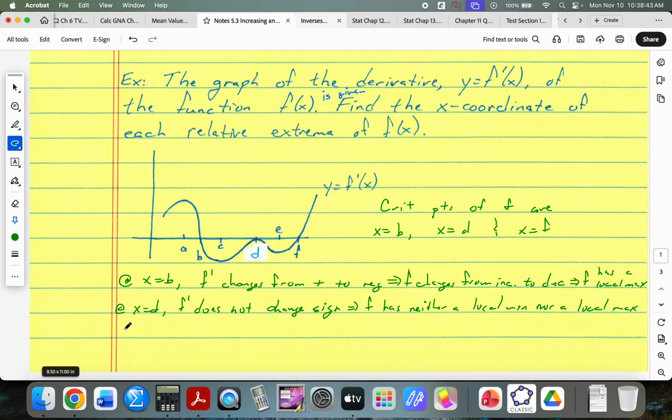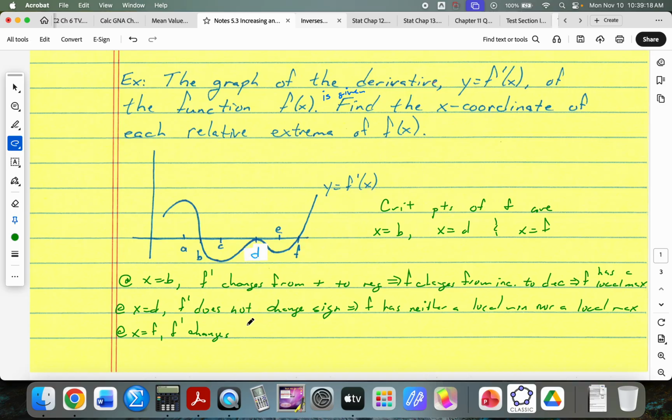And then at x equals f, f prime changes from what to what? So I heard two different answers, and one was right and one was wrong, and it's a really easy mistake to make. When you're looking at the graph of f prime, if you want to know about the increasing and decreasing behavior of f, you need to look at where f prime is positive and where f prime is negative.